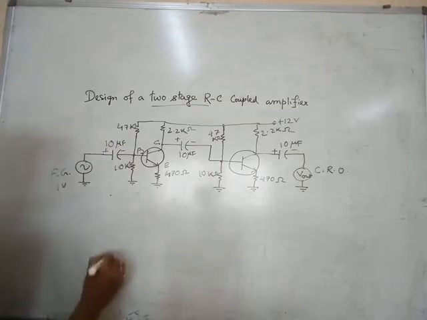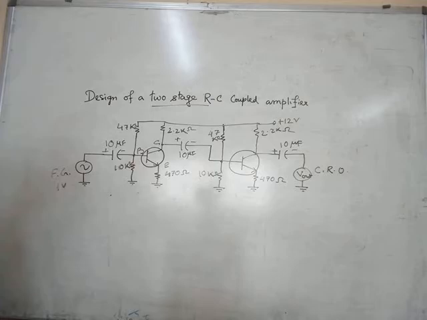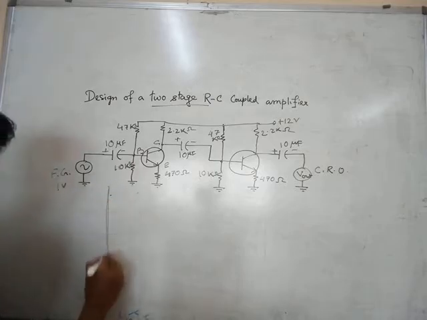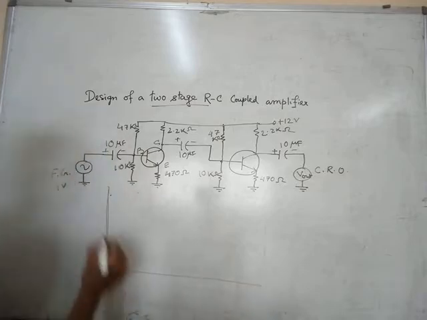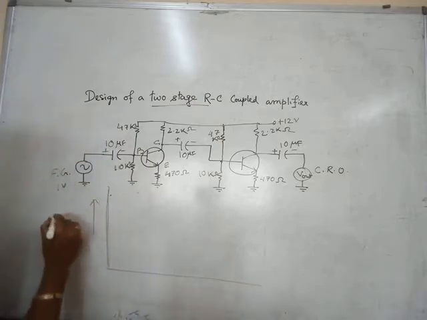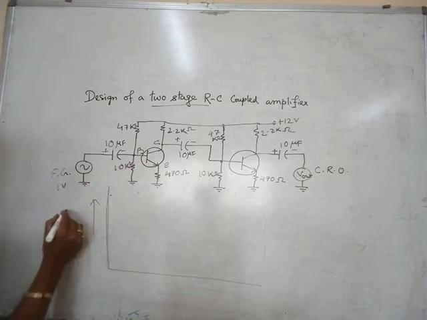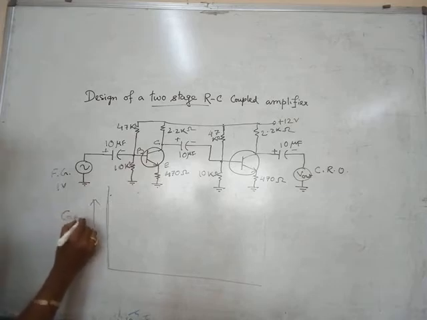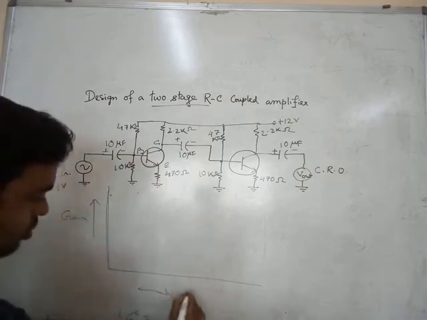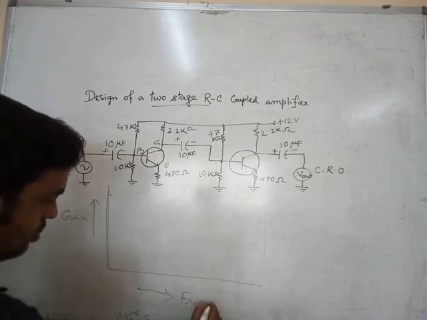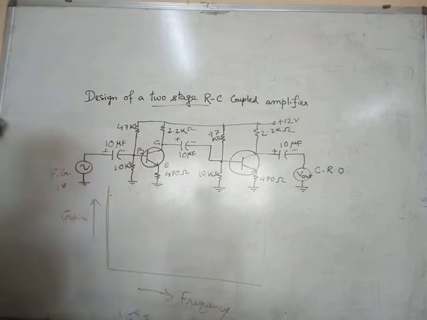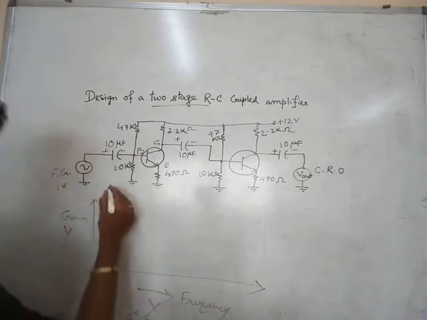Suppose there is similar graph paper. This is gain and this is frequency. Y-axis for gain and x-axis for frequency.